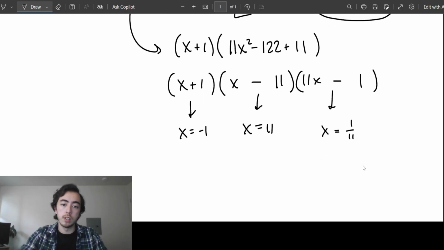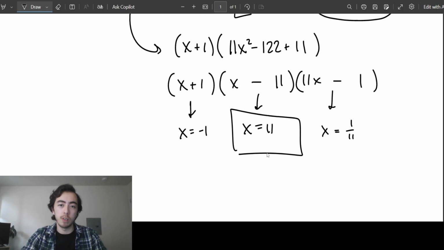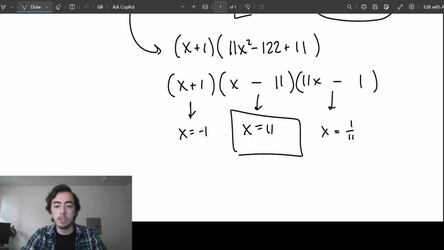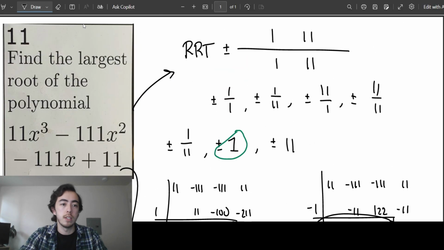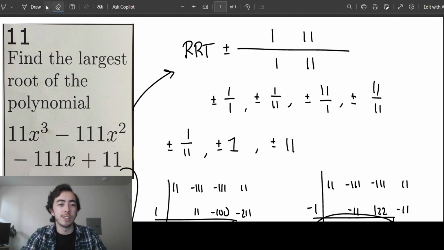And between these three roots, 11 is the greatest. So that's my solution, just basically factoring and then finding roots with that. Today's date is the 11th, and so it's good that 11 is the answer.